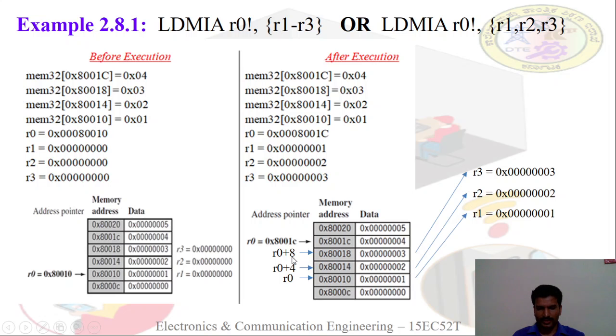So R0 plus 12, so 80018 plus 4 means 8001C. Now that is the ending address. This address is updated to R0 register because the exclamation symbol is present. If this symbol is not present, then R0 is unchanged, meaning R0 will contain only 80010.